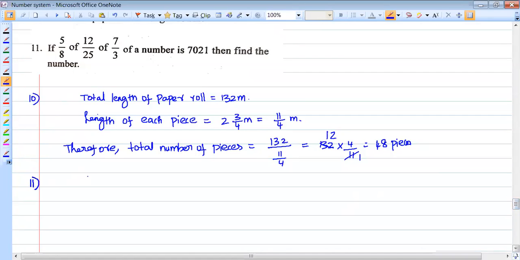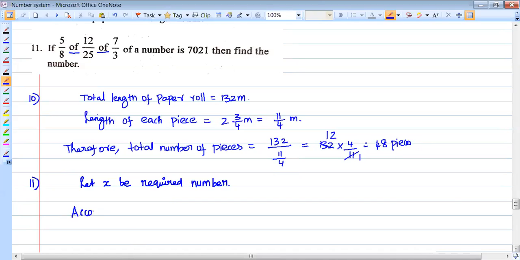If 5 by 8 of 12 by 25 of 7 by 3 of a number is 7021. First of all, let x be the required number. So what is the meaning of this 'of' in mathematics? Meaning is multiplication.